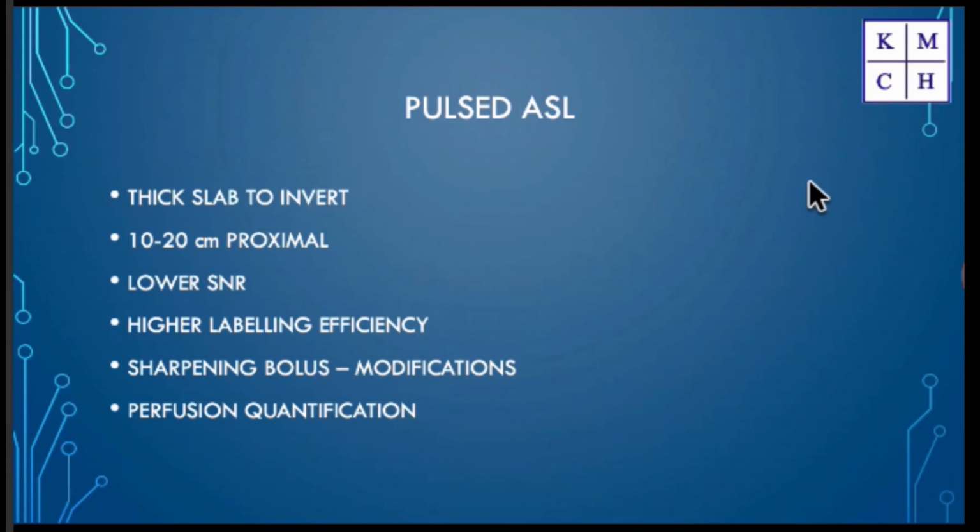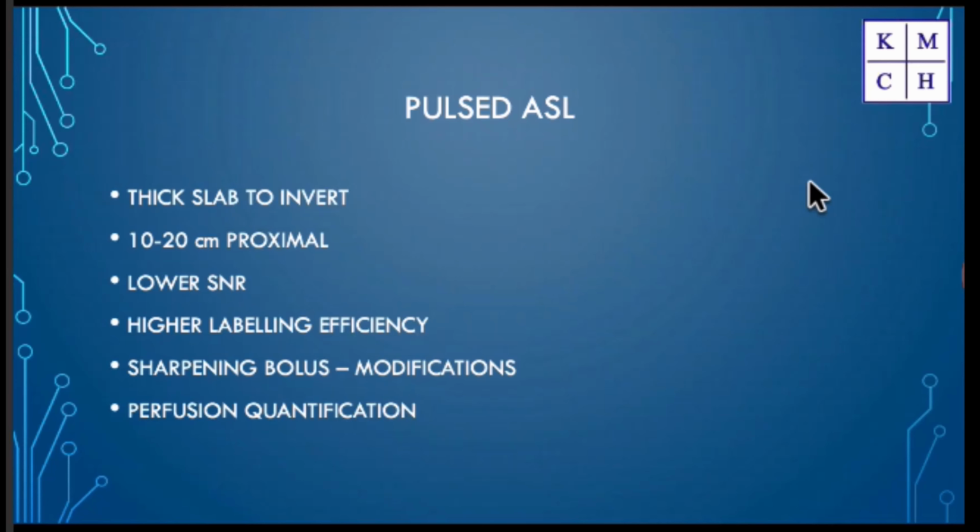Coming to a further elucidation of the techniques, as we already told, pulse ASL uses a thick slab, 10 to 20 centimeters. However, it has a lower SNR and the bolus needs to be sharpened, which means when you invert a thick slab, by the time the protons from the proximal to the distal end of the slab pass on to the area of interest, it becomes ill-defined or less sharp.